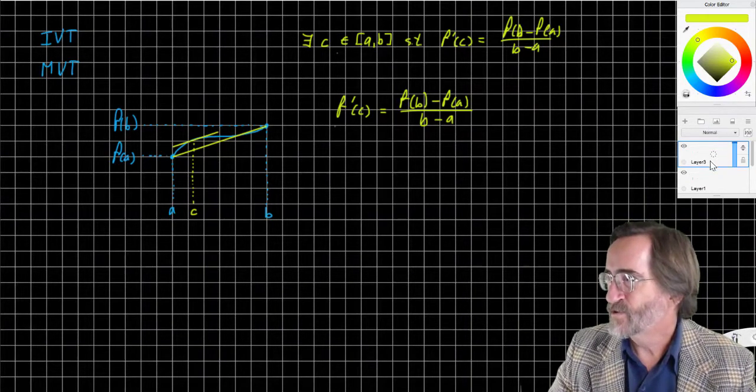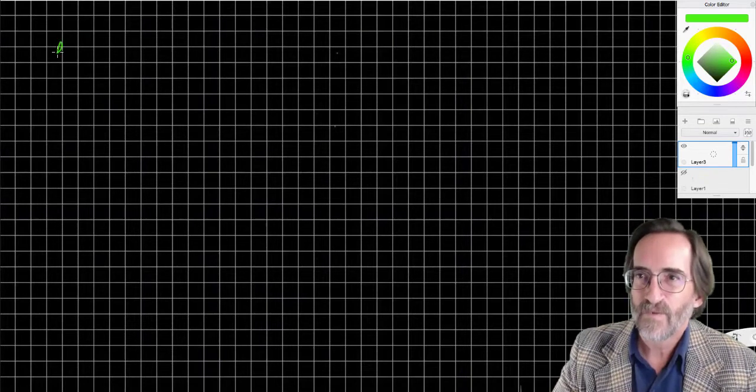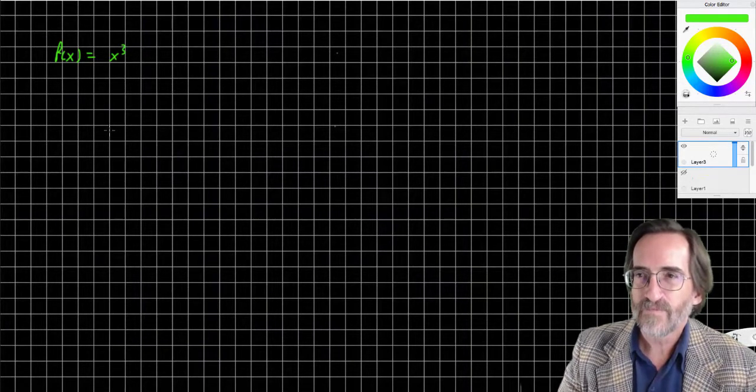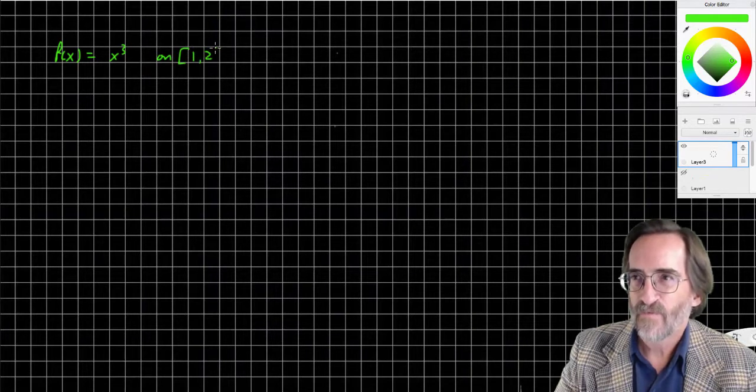All right, so let's apply this here and see what it means in a particular case. Let's say we have the function f of x equals x cubed, something simple, on the closed interval from 1 to 2.